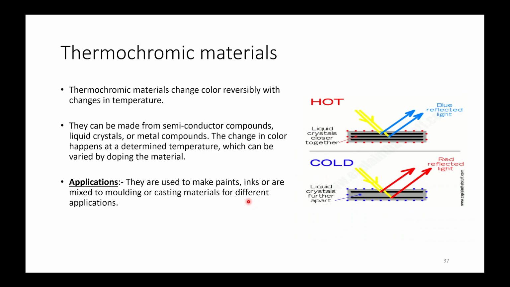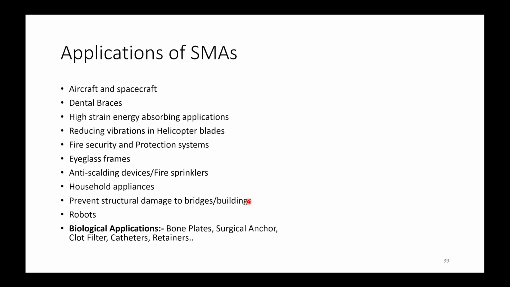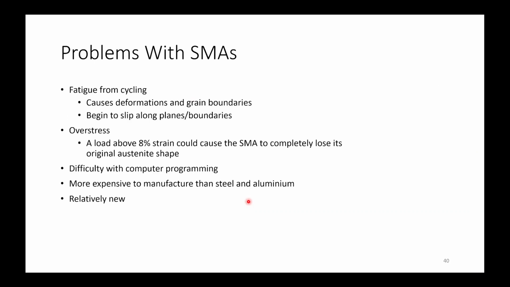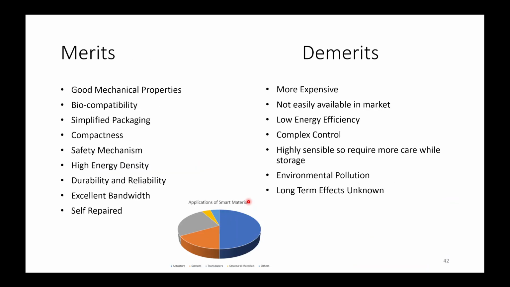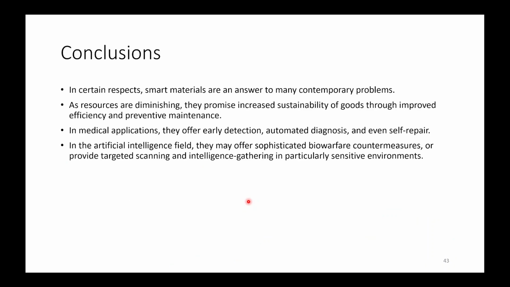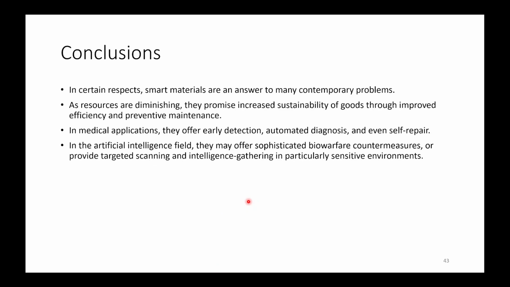Then we talked about thermochromic materials, photochromic materials, applications of shape memory alloys, problems with shape memory alloys, potential applications of smart materials, then merits and demerits of smart materials, then we concluded, and references.